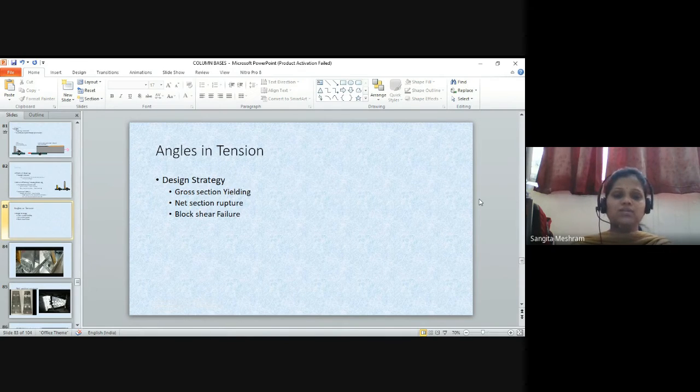According to that, we design the bolt in shearing, that is single shear and double shear, and in bearing strength, and also for tension failure. Similarly, in the case of a tension member, we have to design the member for gross section yielding, net section rupture, and block shear failure. These are the three failures which occur in a tension member.